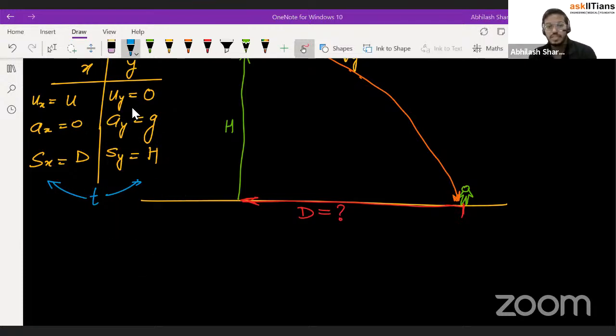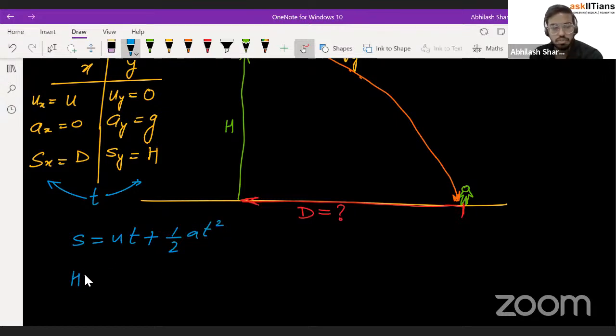So what we'll do is apply s equals ut plus half at squared in the y part. S is h. Let me write the equation first in case some people get doubt and think where this equation has been applied. So s equals ut plus half at squared.